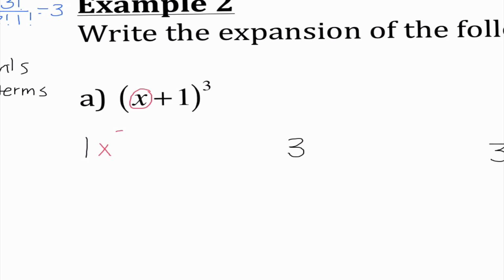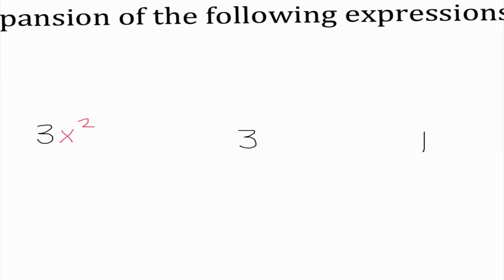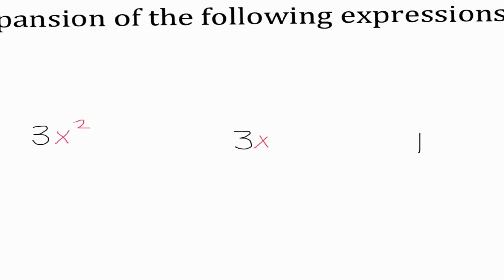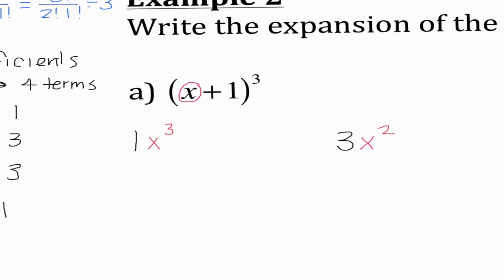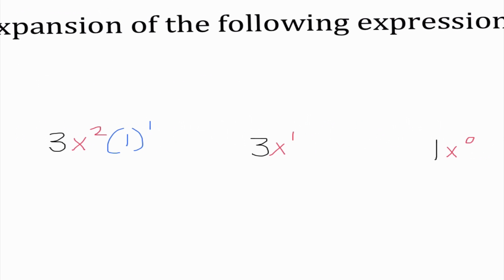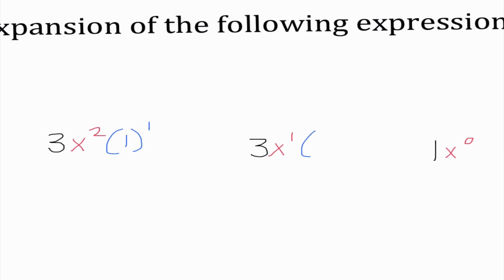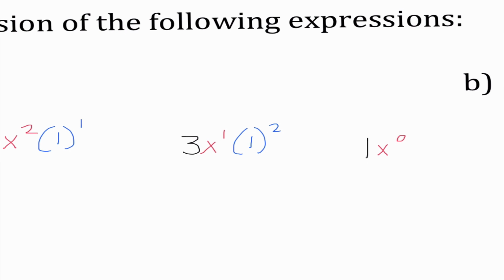So I'm going to write x cubed, x squared, x to the first, and then x to the 0 power. My second term is going to start to the 0 power and then increase. So 1 to the first power, 1 to the second power, 1 to the third power.